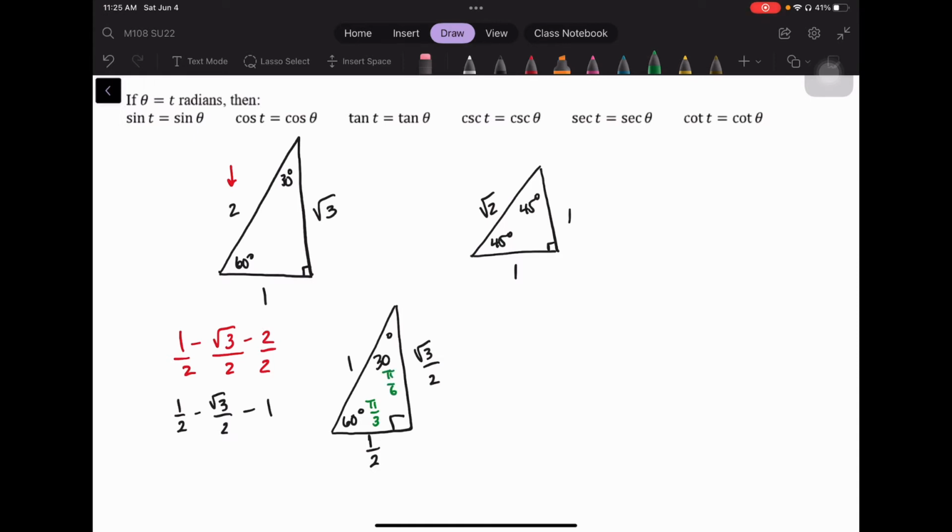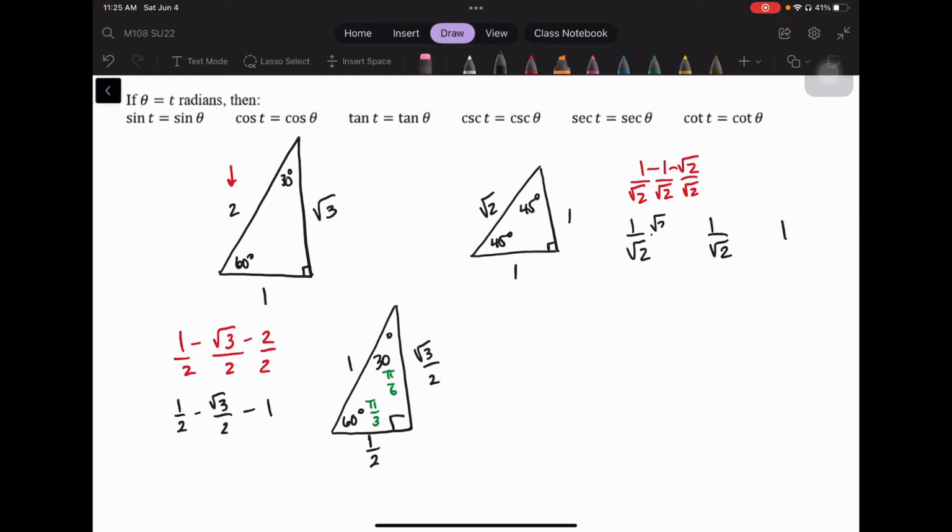For our 45, 45, 90 triangle, I'm going to use the same idea. Our ratio is of 1, 1, root 2. I need to divide through by root 2 to turn that largest value into a 1. That means I have 1 over root 2, 1 over root 2, and root 2 over root 2 is 1, which is our goal. We wanted that longest side to be 1.